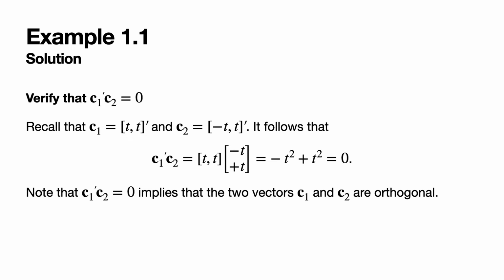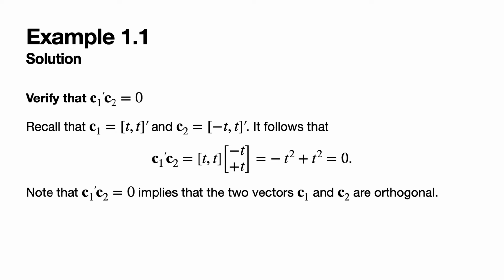Now next, we want to verify that C1 prime times C2 is equal to 0. The reason we want to verify this is that you'll recall from a previous lecture video, we said that characteristic vectors of a matrix corresponding to different characteristic roots are orthogonal, and they are orthogonal if and only if their inner product is equal to 0.